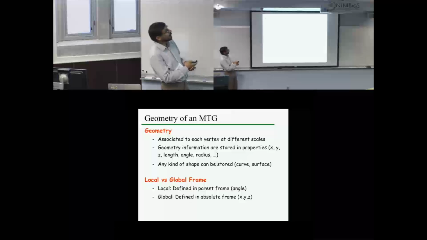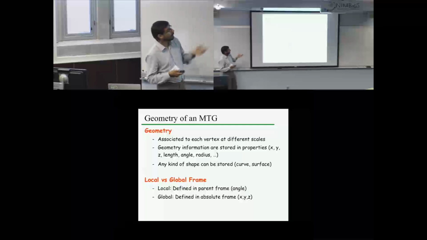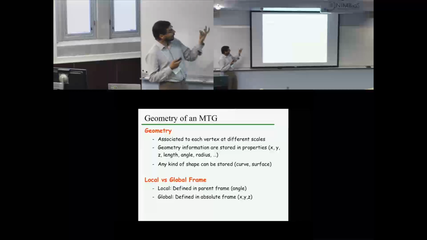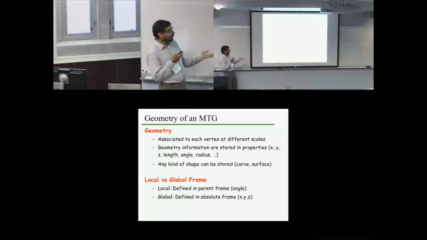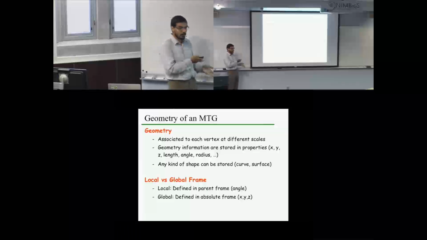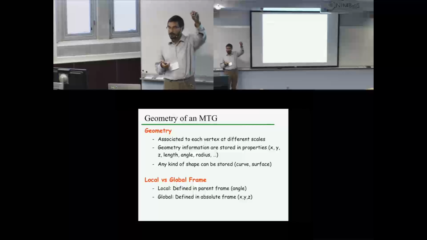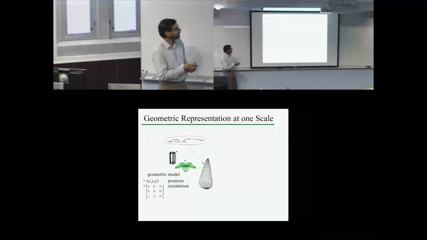So now, how do we represent the geometry of an MTG? For each vertex, we can associate a shape and also geometrical information like position, angle, orientation, and so on. And you may also associate a model to each vertex. And you have two types of information, either local or global. That is, you can represent a point in 3D space, or you can represent an angle based on the parent vertex.